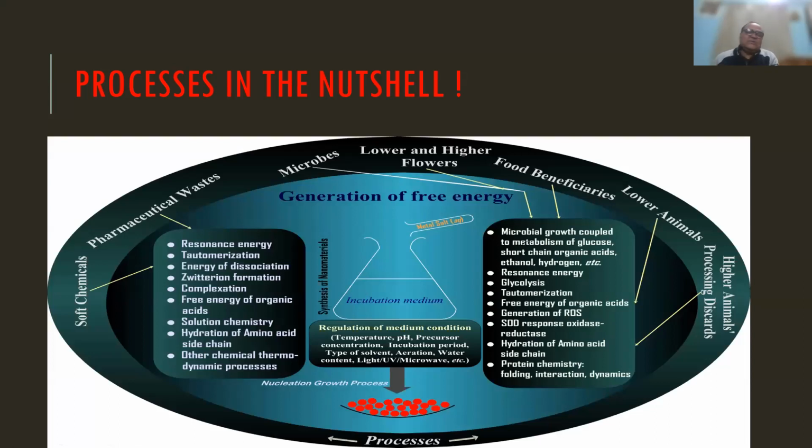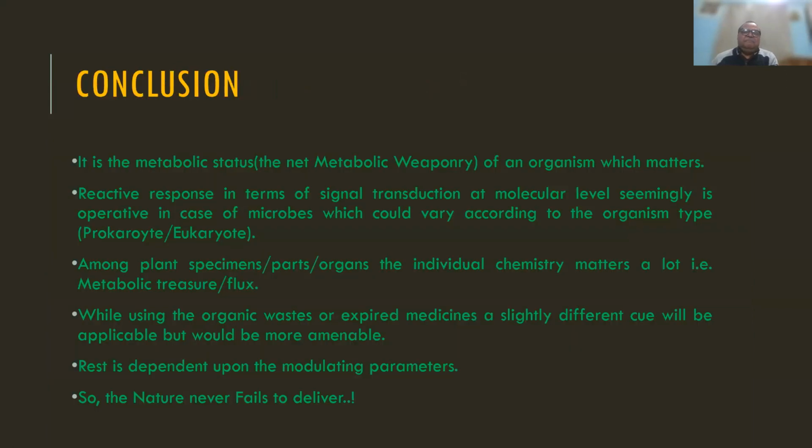So just to sum up what we have done. In conclusion, it is the metabolic status, the net metabolic weaponry of an organism, which matters in bio-nanotechnology. If you want to hire any organism, we must know its chemistry, its metabolic weaponry, its metabolic flux. That is very important.